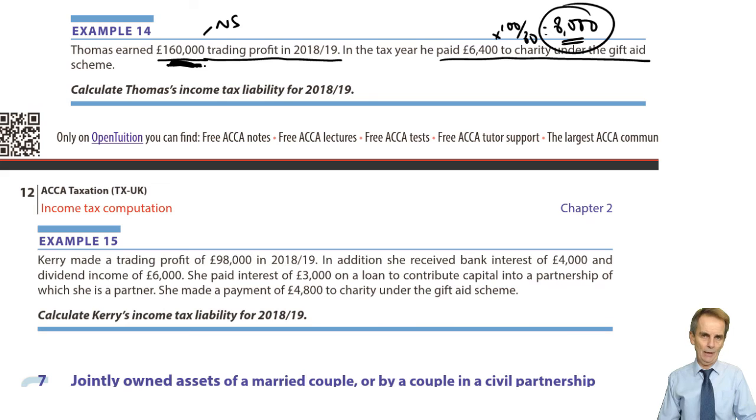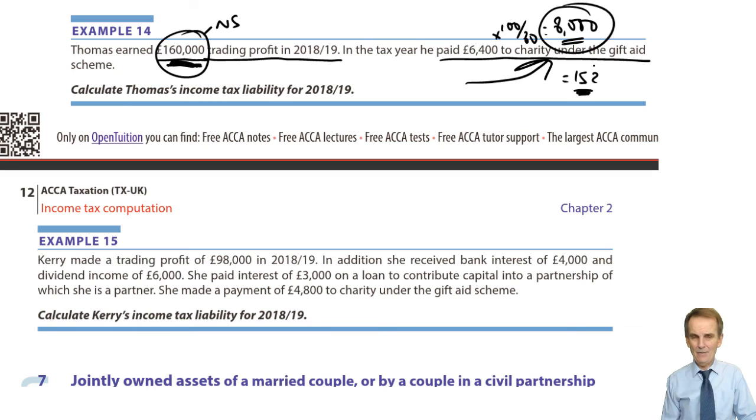There will be zero personal allowance to apply on your income tax computation. What is that adjusted net income? Now, it's not going to make any difference here, but what is it? It is your net income, 160, minus your gross gift aid and any gross personal pension contributions. So the 160 is reduced by the 8, that would equal 152.